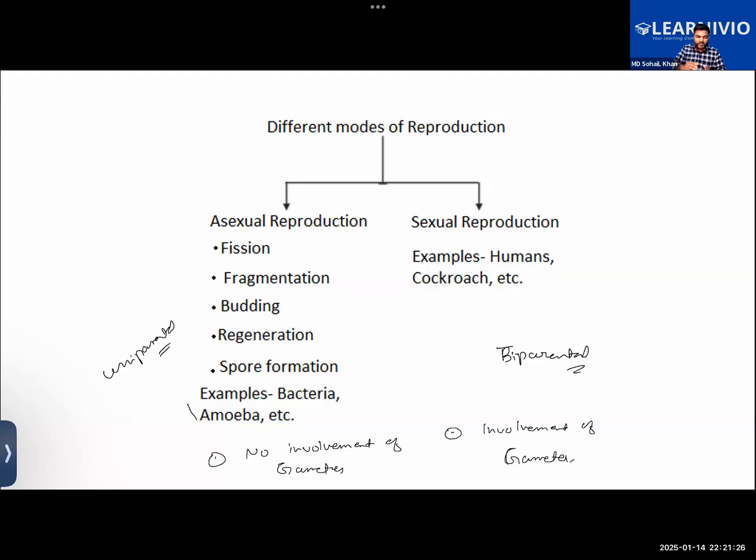Reproduction creates variations through the combination of the genetic material of two organisms of the same species, and that increases the chances of survival. Further, reproduction is important to maintain the size of the population and the ecological balance in nature as well. So these are the significance of reproduction. Getting it, both of you?